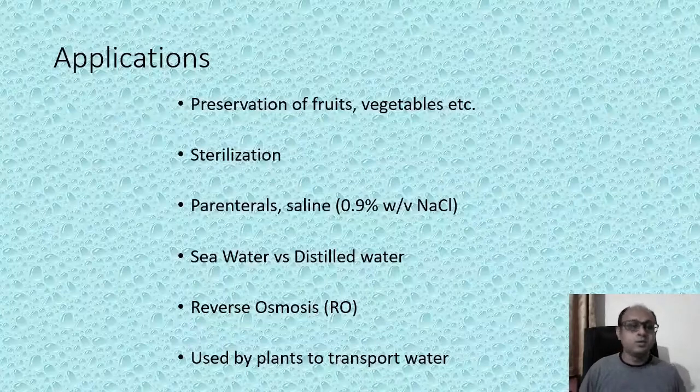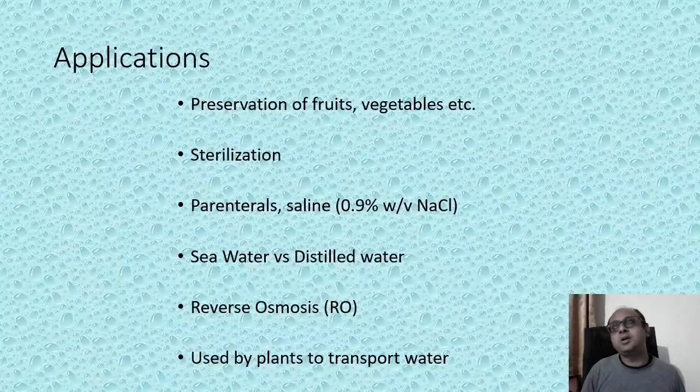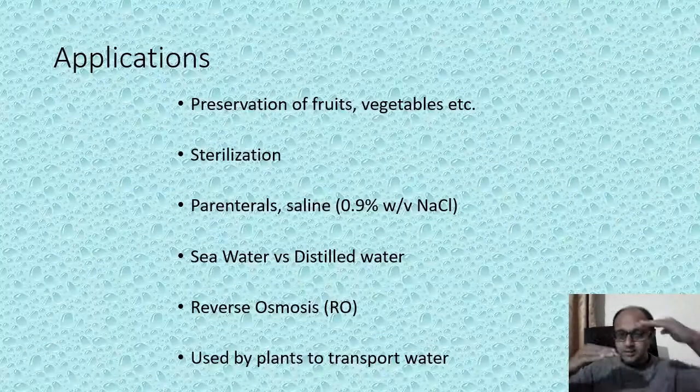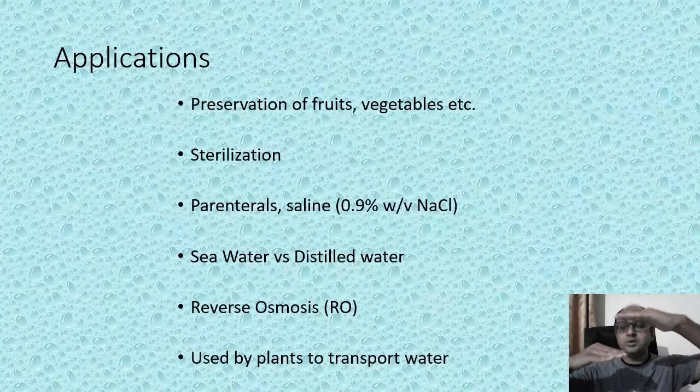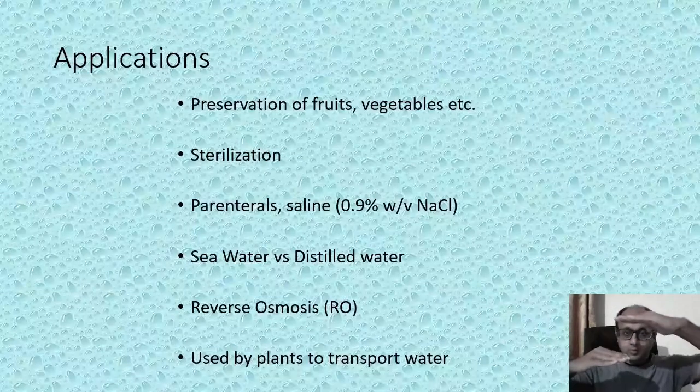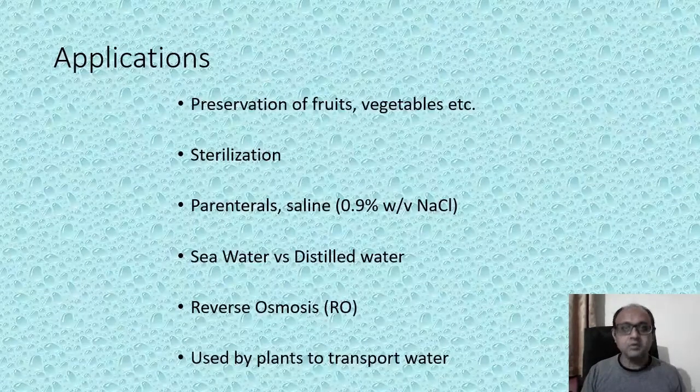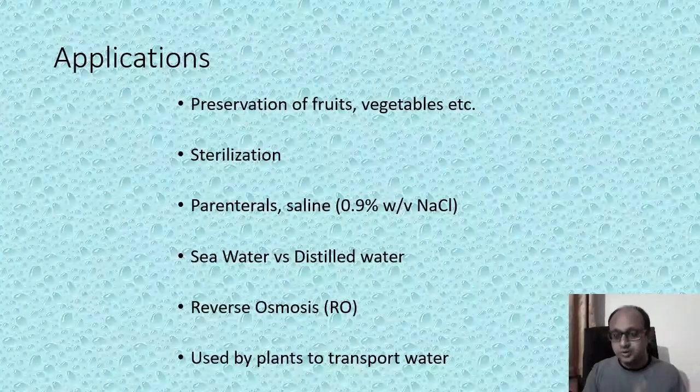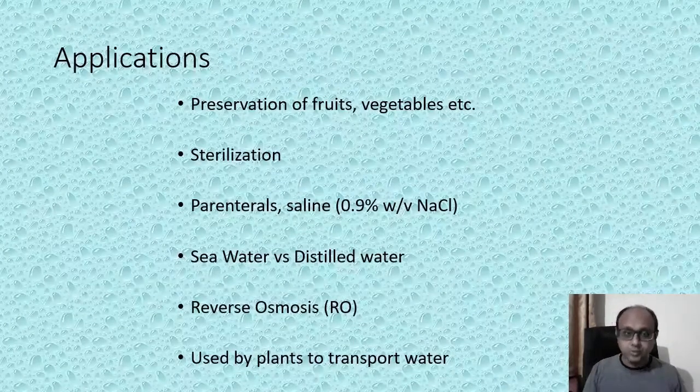Okay, so come to reverse osmosis. As I told you, remember the diagram where there is an imbalance of water level. So what is happening in reverse osmosis? The RO unit that you are using for purification of water applies a semi-permeable membrane.